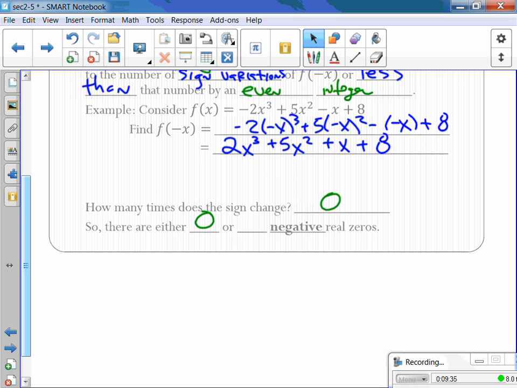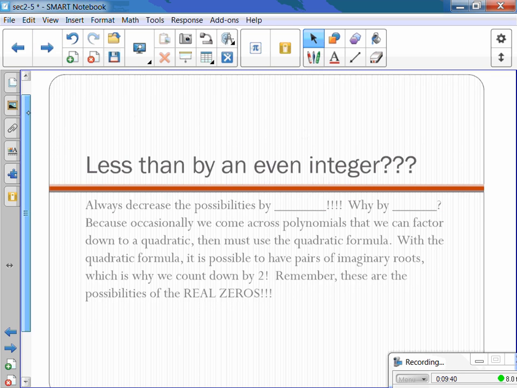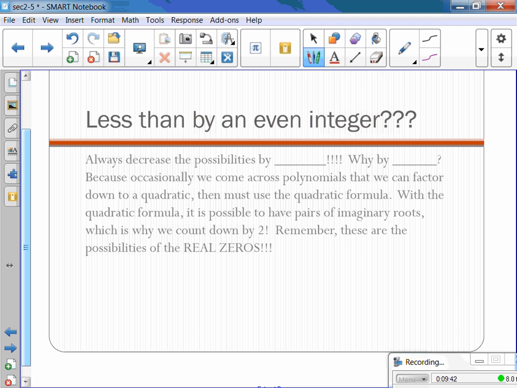So why do we keep saying always decrease the possibility by an even integer, or in this case by 2? 3 minus 2 is 1, so 3 and 1. Well, the further we work down with the polynomials, eventually we get down to a quadratic. Starting off with the 3rd degree, I know a factor, I now have a 2nd degree quadratic.